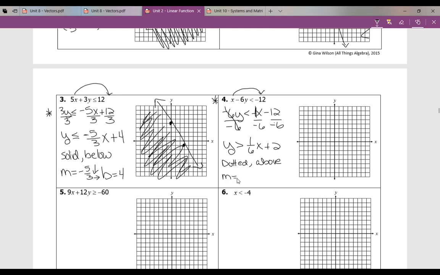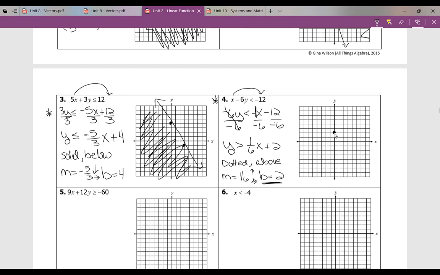I have a slope that is 1 over 6 and a beginning value that is 2. So you always start with 2 on the y-axis, your b value. So go up 1, 2. From there, you go up 1 and to the right 6.